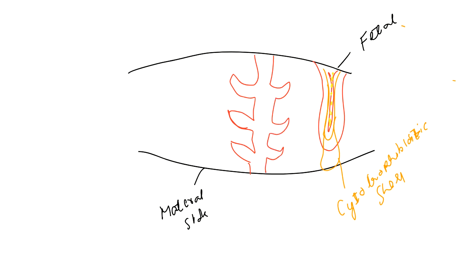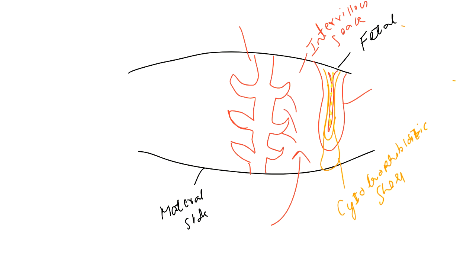This is one villus, this is another villus. Now this is intervillous space. Now from here, the maternal blood will go inside and it will bathe the villi. Understood?